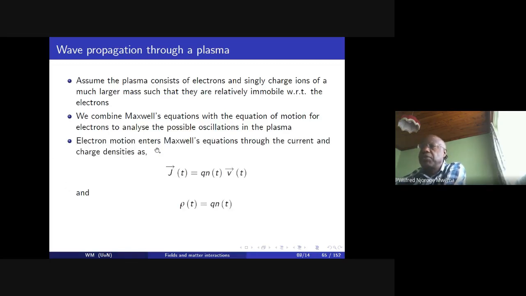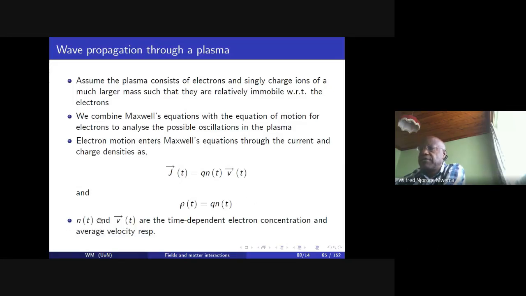Electron motion enters into Maxwell's equations through the current and the charge densities as follows. The current density, J of t, will be given by the charge density multiplied by the velocity of the charge particles, and the free charge density is going to be given by that equation, q n of t.